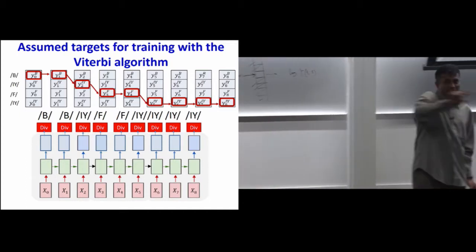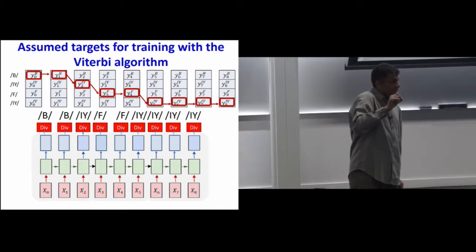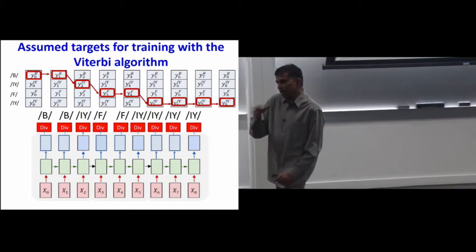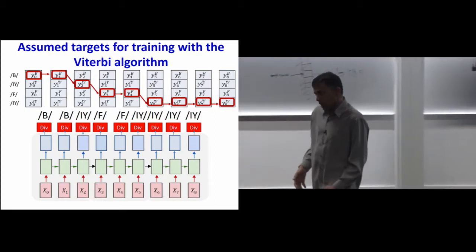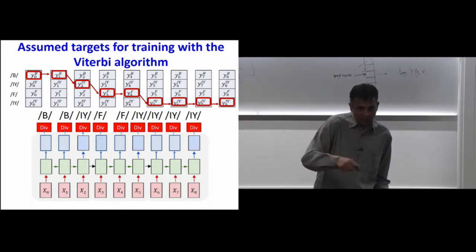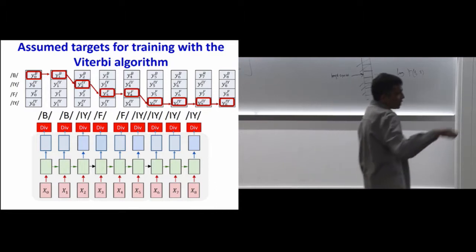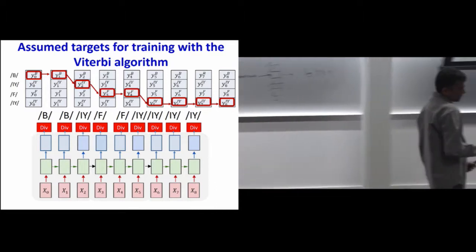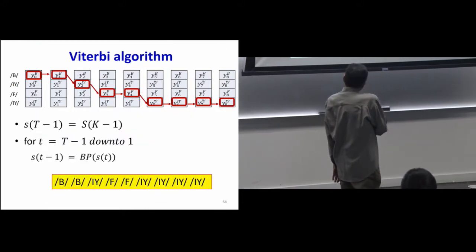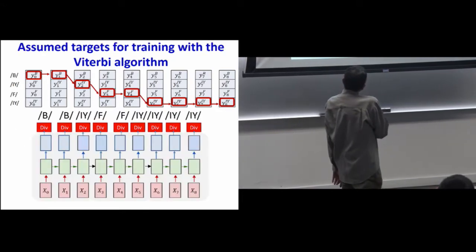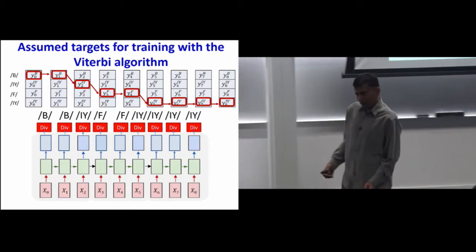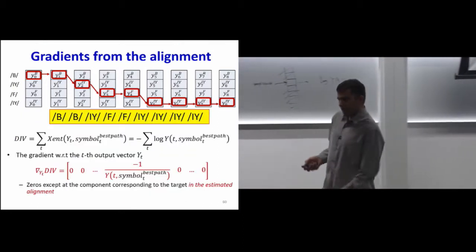Remember, when I had a full target sequence, I knew exactly how to train my network, except that nobody gave us a target sequence. They just gave us this compressed symbol sequence. So what we did is we started with a compressed symbol sequence. We had an initial network, and we somehow found an alignment of the compressed symbol sequence against the input. And that's going to be this guy over here. And then we use this as my target sequence, and I can go back and train my network. And training my network, it's exactly the same thing.